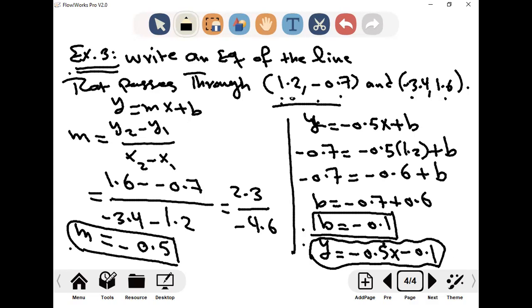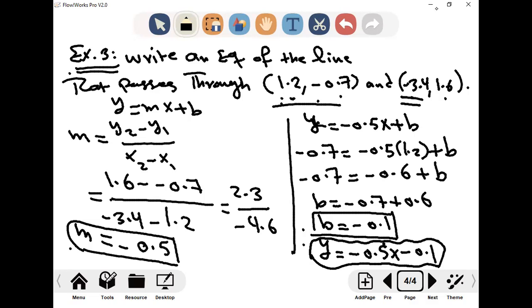So, let's check the other point which we didn't use, right? Negative 0.5 multiplied by negative 3.4, minus 0.1, gives 1.6, right?